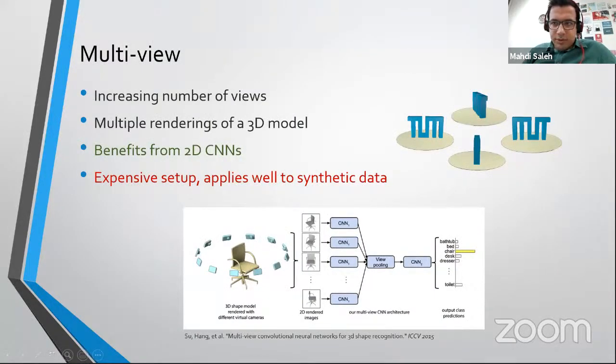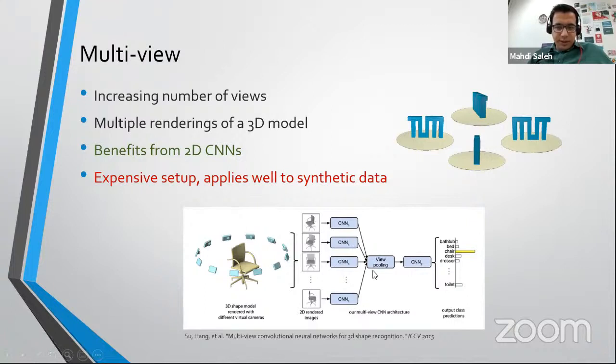Talking about different representations, we can start with a very simple 2D multi-view, which is basically one of the first approaches to process 3D data, where you can render or have multiple acquisitions of a scene or an object, and you can use CNNs to process them.